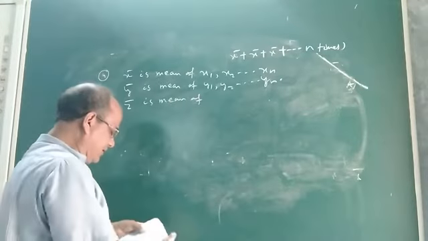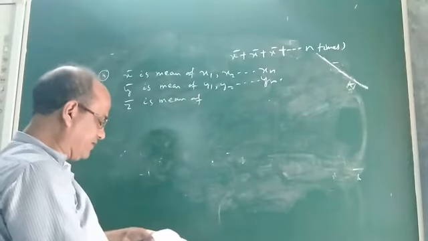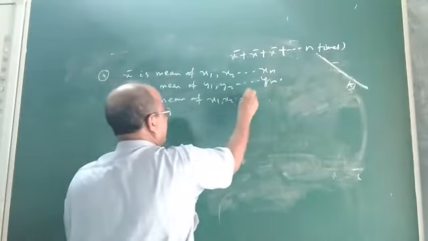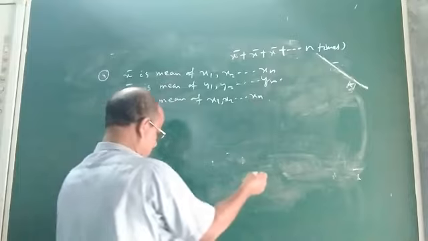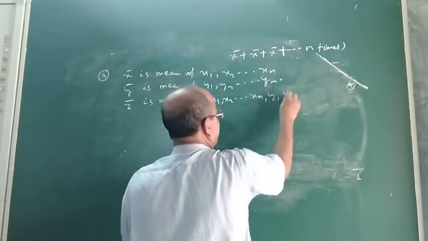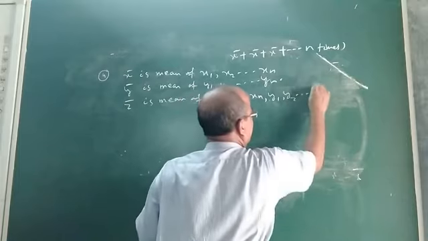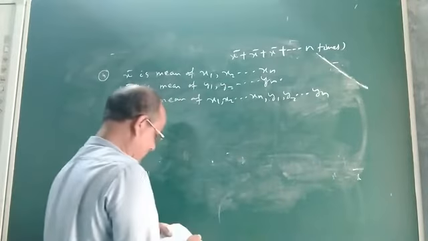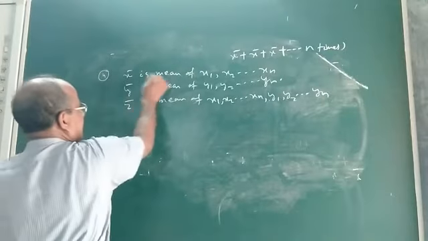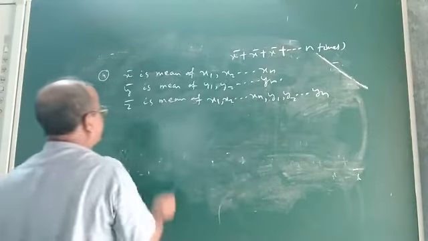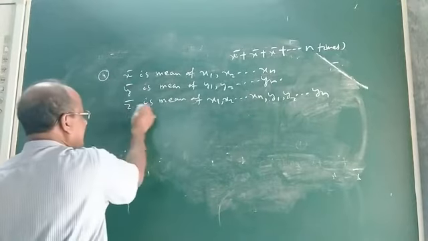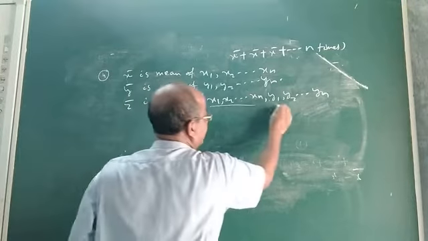This is a very interesting question. Z bar is the mean of x1, x2 up to xn, then y1, y2 up to yn. That means you are given x bar is the mean of these n observations, y bar is the mean of these n observations, and z bar is the mean of this as well as this.